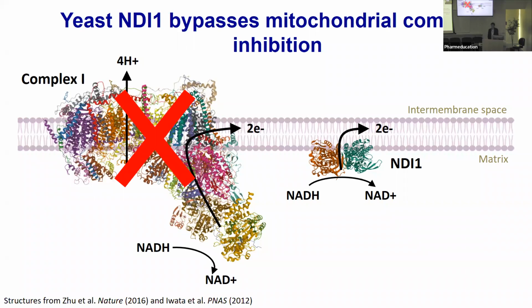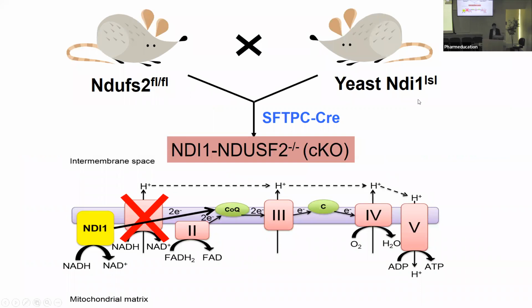So we generated a conditional overexpressing version of NDI1. By the way, the NDI1 is from yeast, right? So this is genetically optimized, the codons for human. So you have this lox-stop-lox block in the ROSA locus, NDI1, and you have your flox alleles for complex 1. You take the surfactant protein C at embryonic day 10.5.